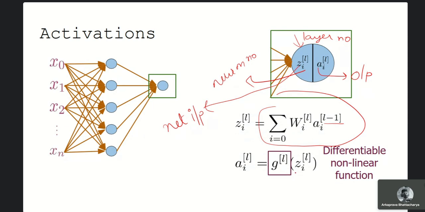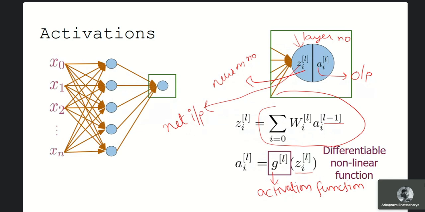Then over this Z_i^L, it will apply some activation function. On the next line, you can see G is the activation function that you are applying over this net input. There are many other activation functions in neural networks, but I'll talk about the ones relevant to CNNs and which we'll be using in our GANs.